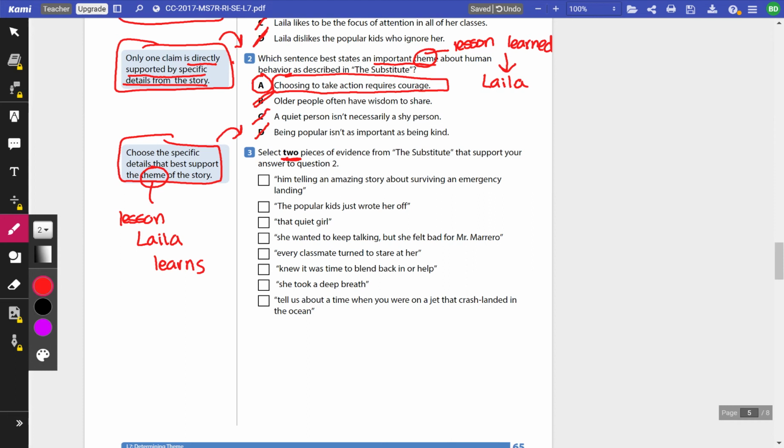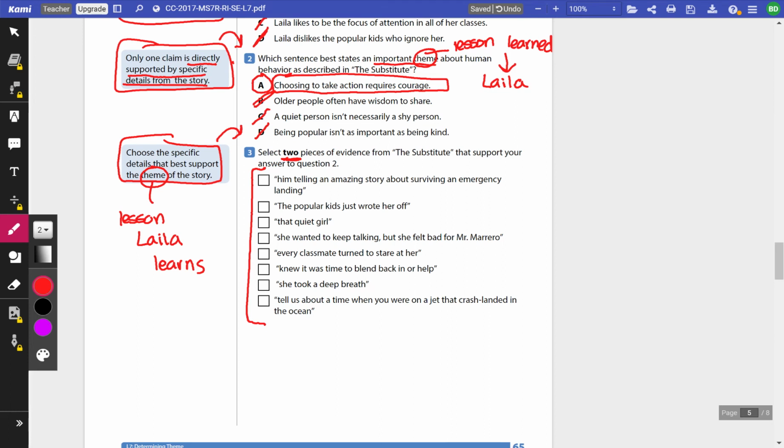So we're trying to select which of these 2 pieces of evidence back up that theme. So go ahead, read through these pieces of textual evidence and select 2 that back up the theme. And whenever you do that, we're going to come back and discuss it together. So go ahead and select your answer choices now for me, guys.